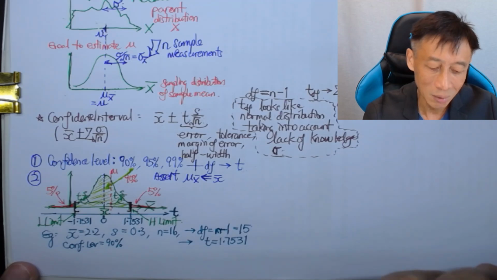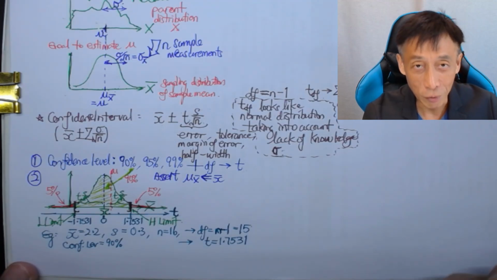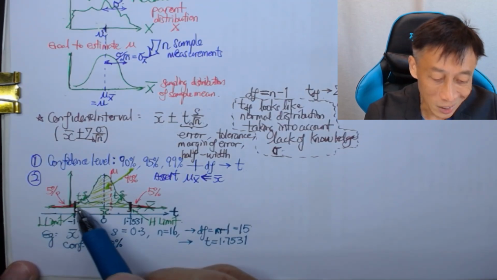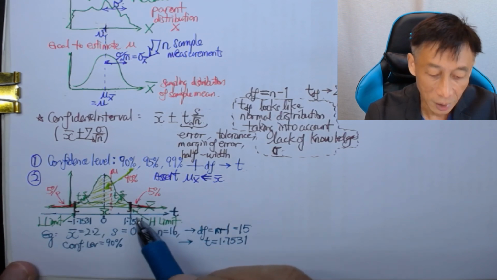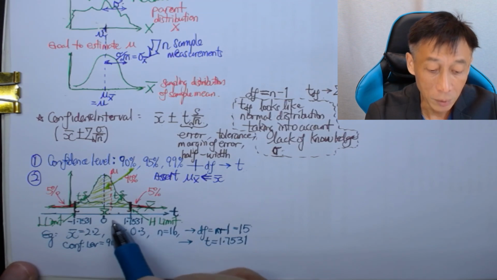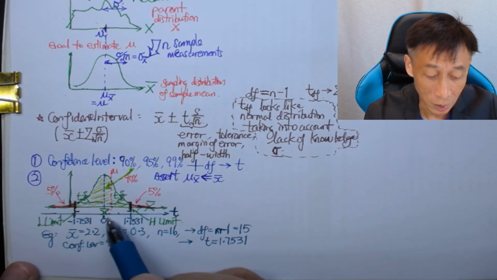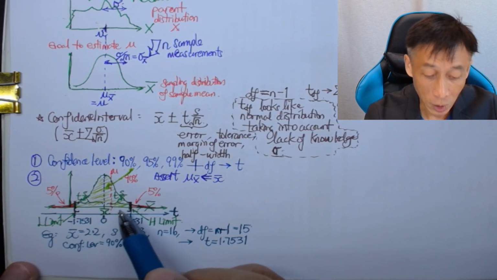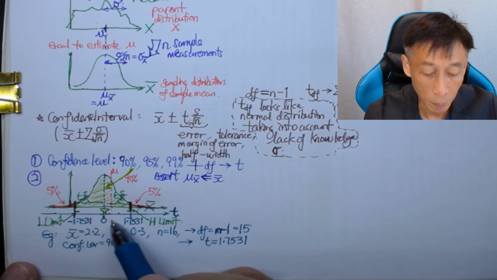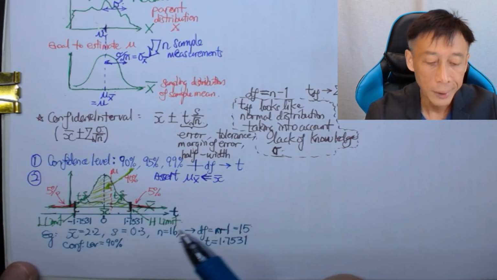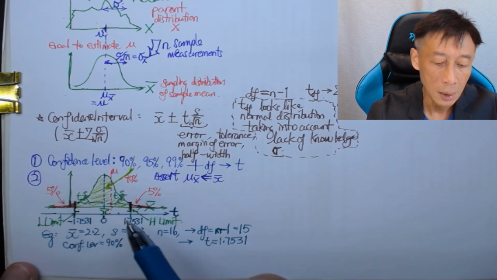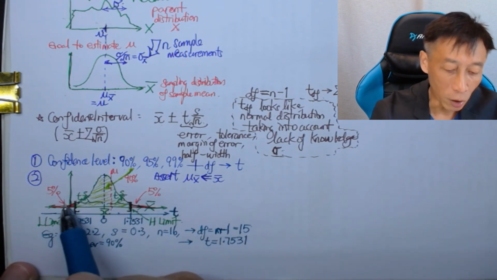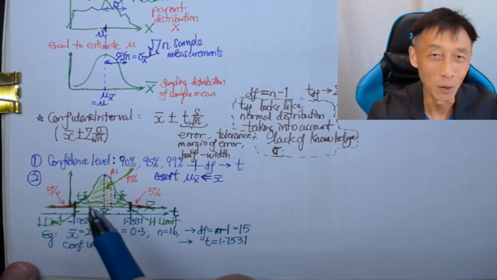It's insightful, I guess educational, to see this link, but I'm not hinting that they have the same unit scale. Plus one unit on the X bar scale is different from plus one unit on the T scale. But illustration wise, we can see this sharing of the same so-called bell curve, the T curve.